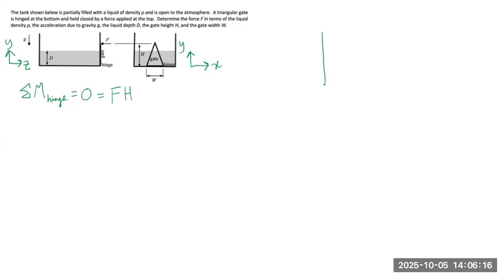So you have our gate, we have water up to a certain height, a depth of D. This is the floor. And this water pressure varies like so, linearly. And the force is applied at the top, just over here.